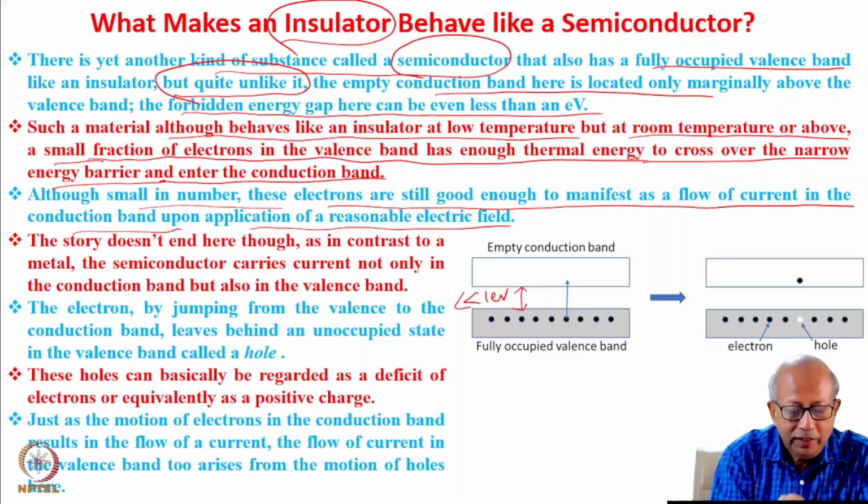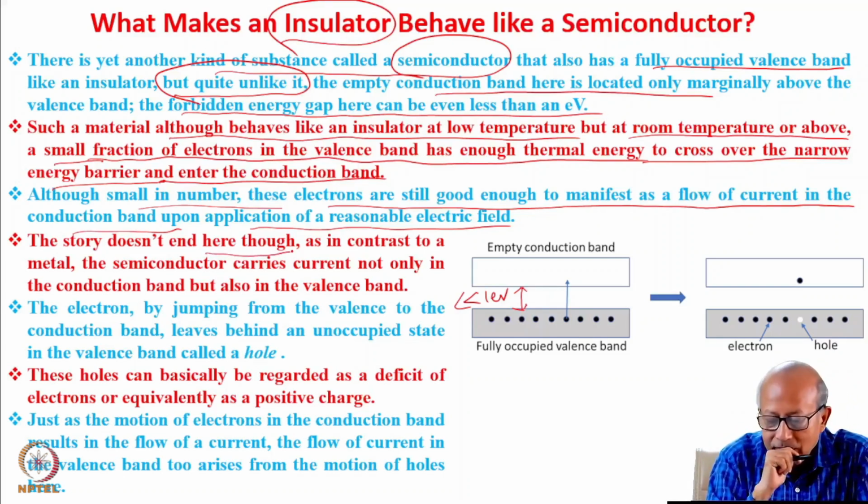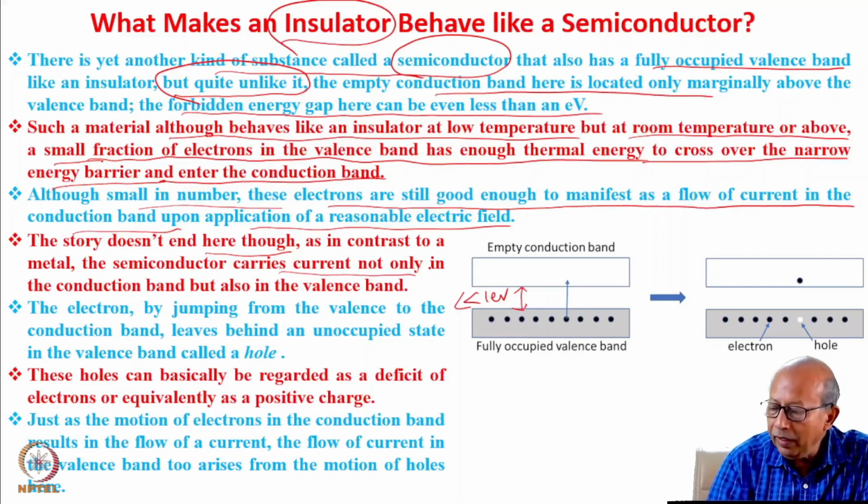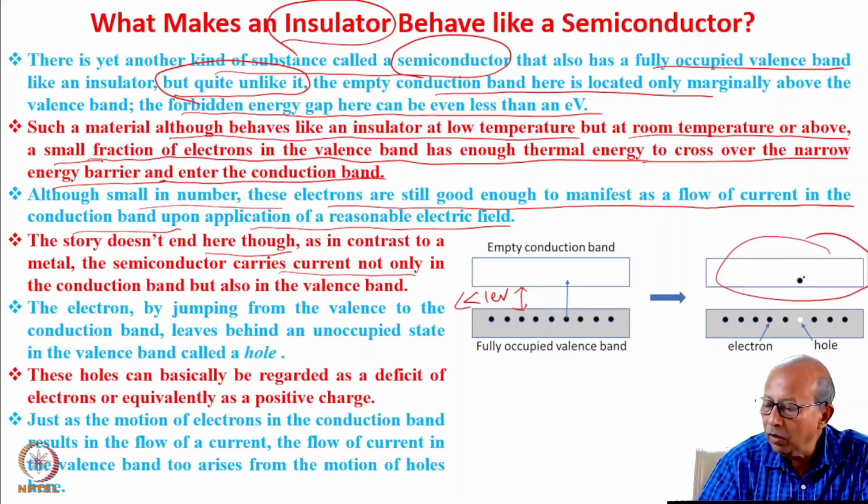But the story does not end here. In contrast to a metal, the semiconductor carries current not only in its conduction band. This is the conduction band where this electron can conduct electric current.